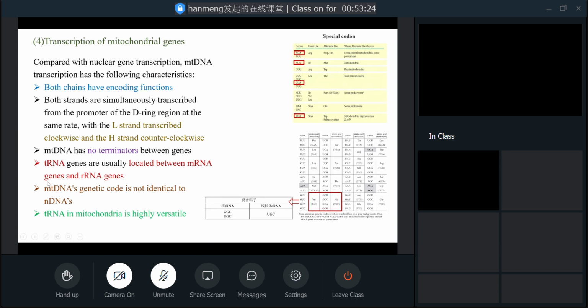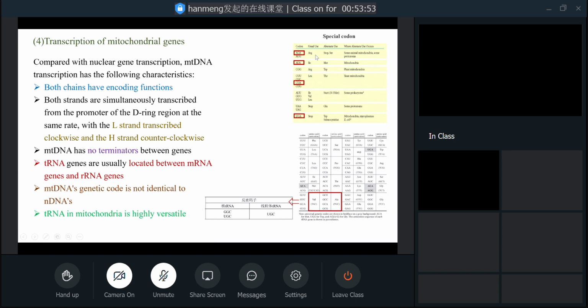And most of the genetic code, the triplet codon, is the same as the nuclear DNA, but the mitochondrial DNA also has its own genetic code. For example, here, the AGA codon.